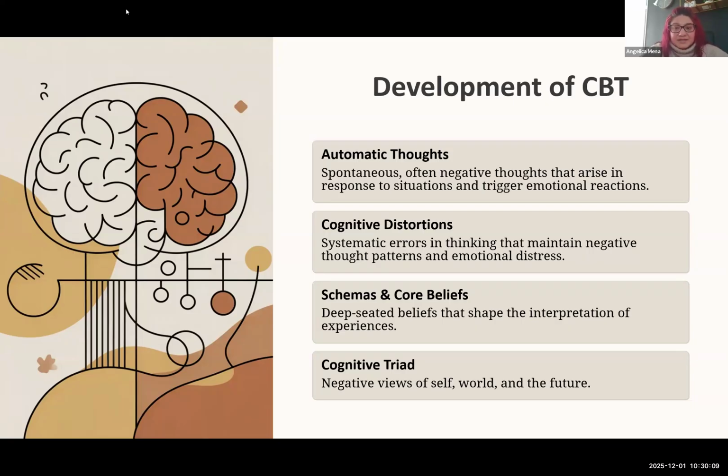Then we have schemas and core beliefs. These go deeper than automatic thoughts. These are long-standing frameworks formed by early experiences that shape how individuals interpret events. This might be like I was talking about earlier, my kiddo in foster care, who has this schema and core belief that they're unlovable, and people are going to hurt me and the world is unsafe.